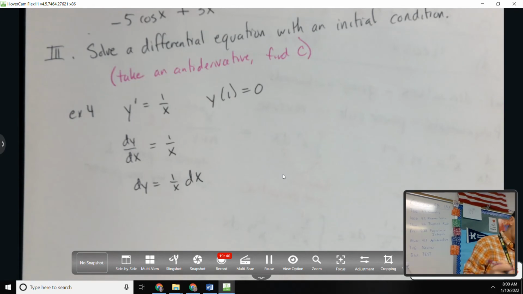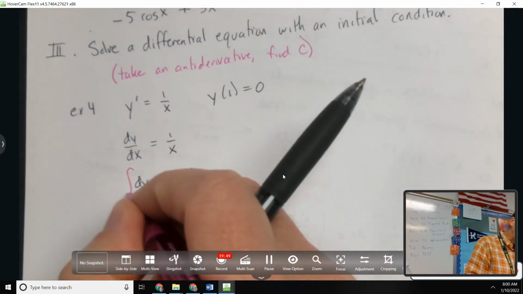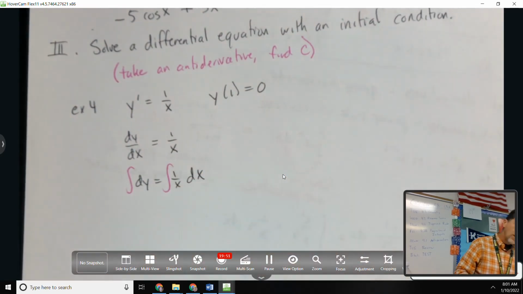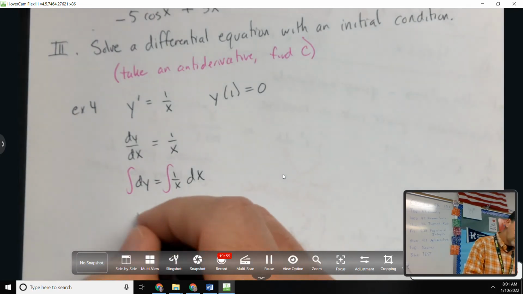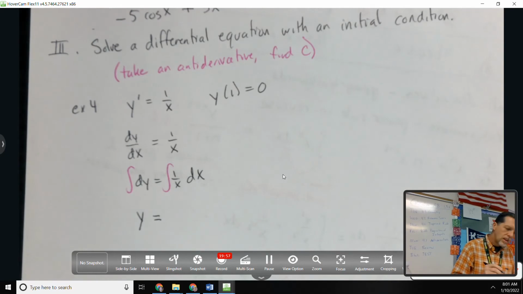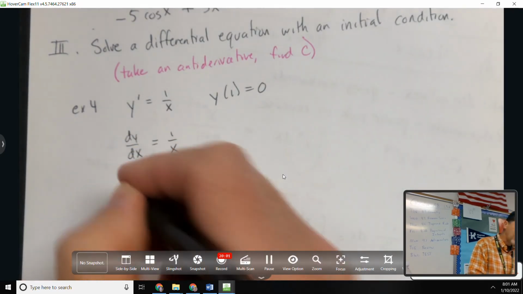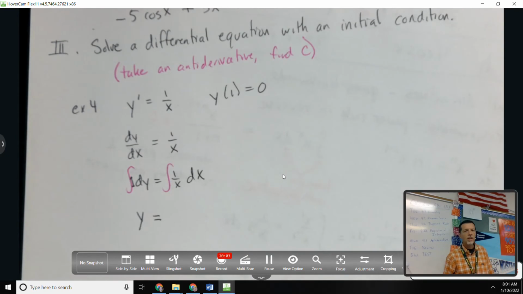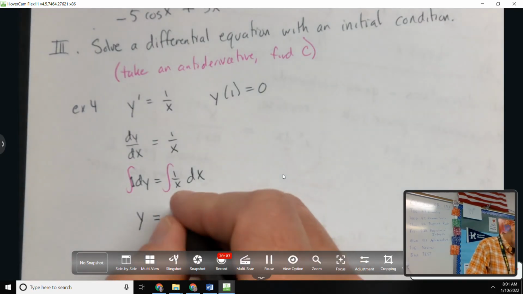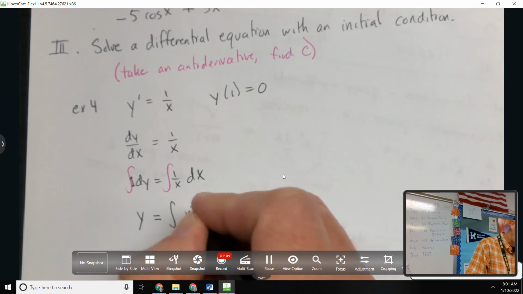And then to undo the derivatives, we'll take an integral. We'll antiderivative. So the antiderivative of 1 is just y. That's the easy side. And now the point of this problem, I'm going to rewrite that as x to the power.